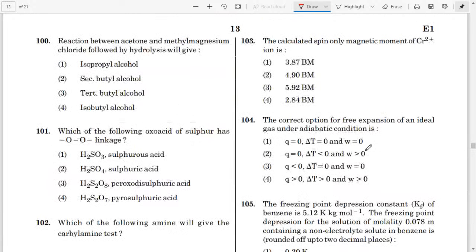Next, reaction between acetone and methyl magnesium chloride followed by hydrolysis will give. We are taking acetone and methyl magnesium bromide, that is RMgX, methyl magnesium bromide. We are going to get the methyl anion.